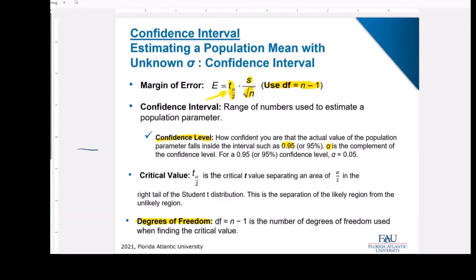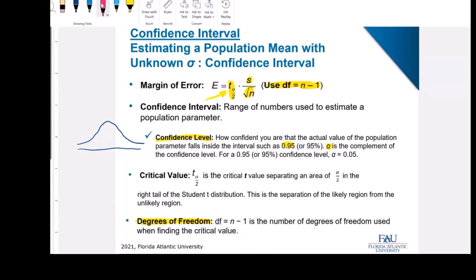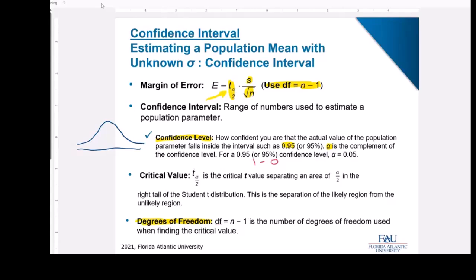We have this normal curve, and if I want a 95% confidence interval, alpha is going to be 1 minus 0.95, which is equal to 0.05. There's my alpha. But remember, we're going to split that in half. Why are we going to split that in half? Because we have this symmetry.